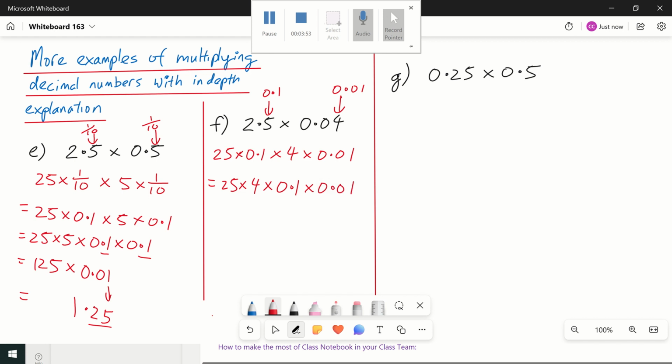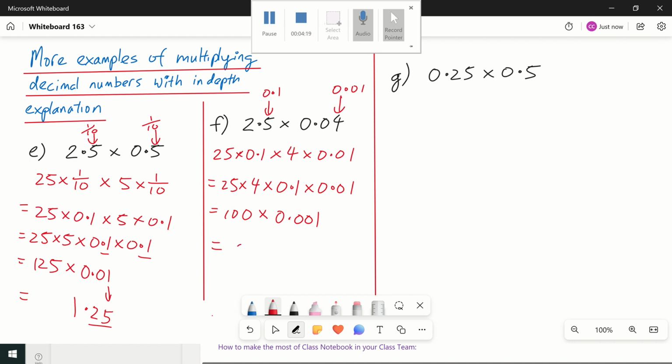Now 25 times 4 gives us 100. And that's multiplied to, now 0.1 is 1/10. 1/10 of 0.01 gives us 0.001, which is 1 over 1,000. So when we multiply 100 by 0.001, that's 100 units of 0.001.